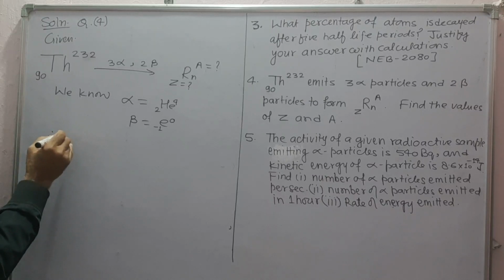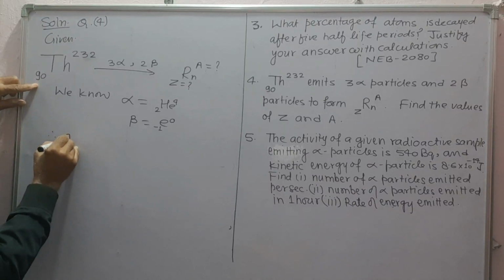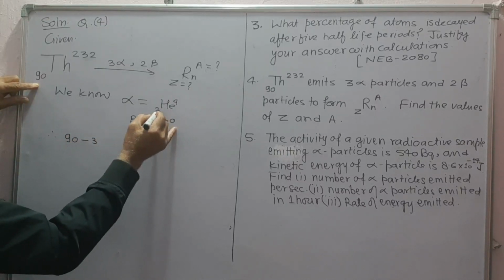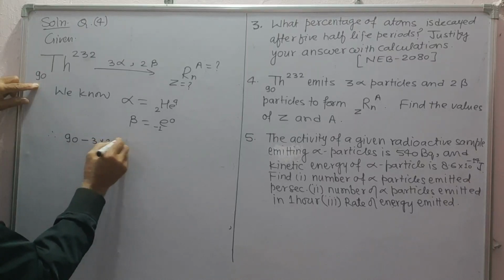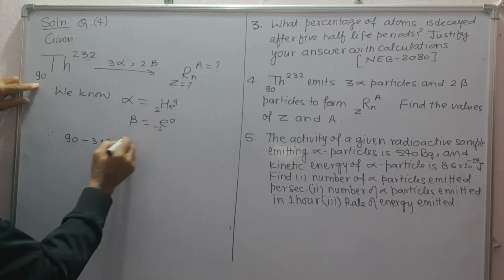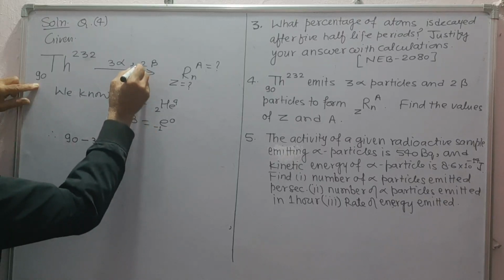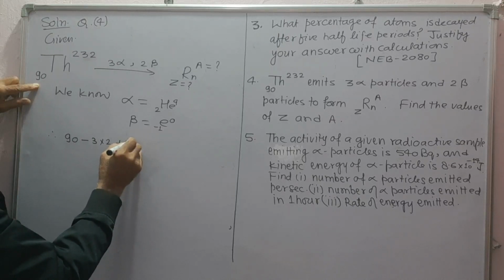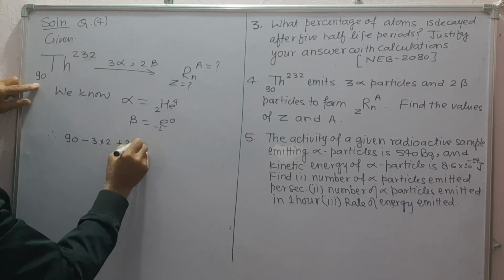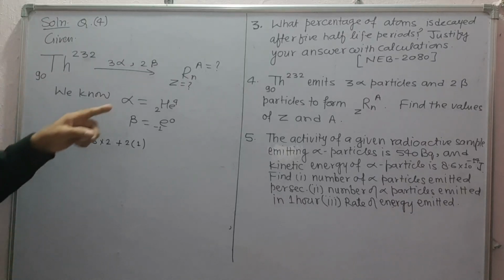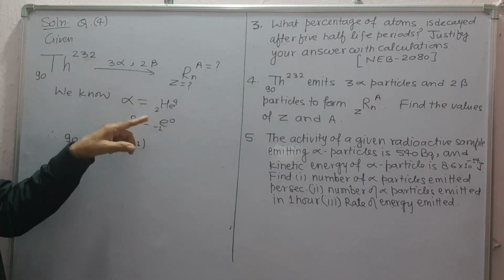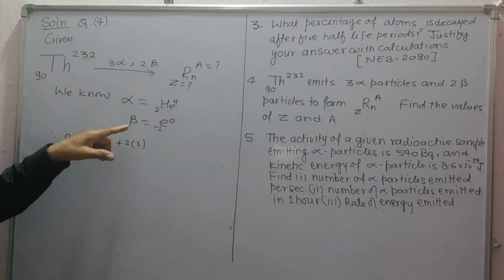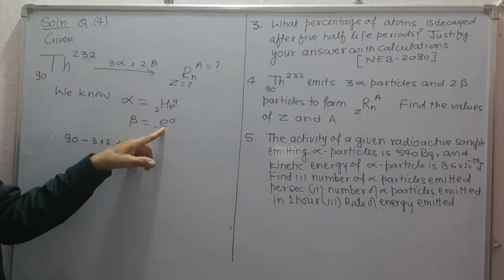Therefore, 90 minus 3 into 2 plus 2 into 1, because alpha particle emission decreases atomic number by 2 and beta particle emission increases atomic number by 1.